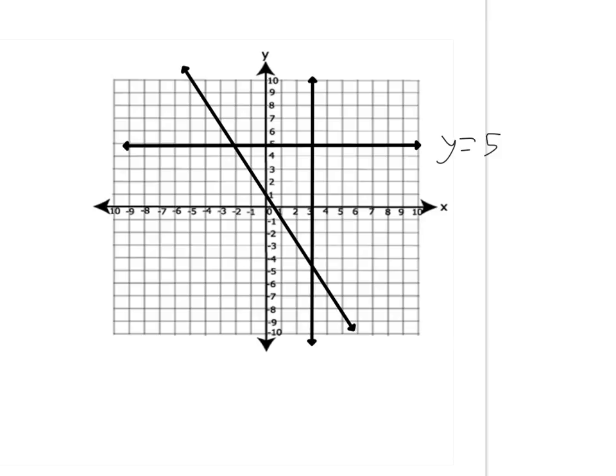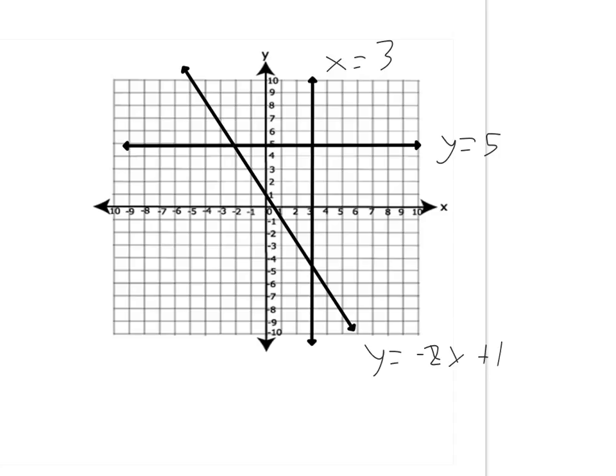Horizontal lines are always y equals the number. Vertical lines are always x equals a number, which in this case would be 3. They're the only ones that are different. Everything else starts with y equals. So this must be y equals negative 2x plus 1. Your job is to figure out, are they parallel or perpendicular?